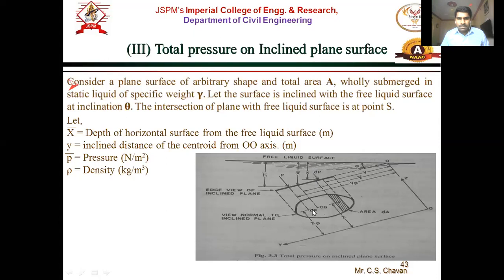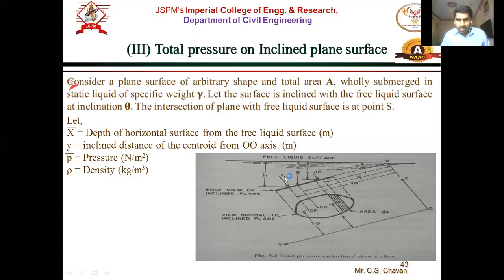Then at this point P, the center of pressure, the total pressure force will be acting. You can see here it is denoted as P, or you can denote it as F also. So the total pressure will be acting at this point, that is H bar, right? X bar is the centroid, H bar is the center of pressure. So here the total pressure force will be acting. We have to find these two things.